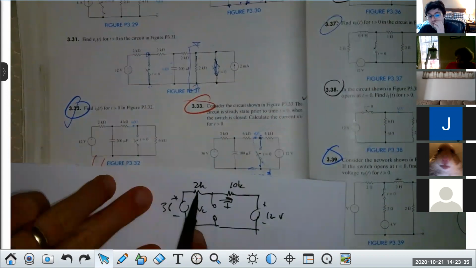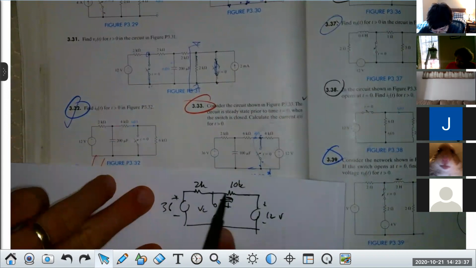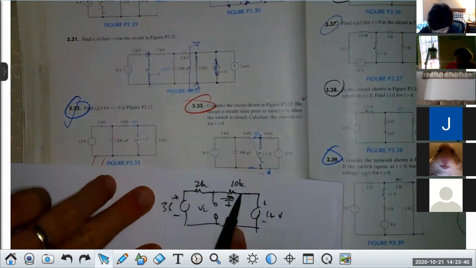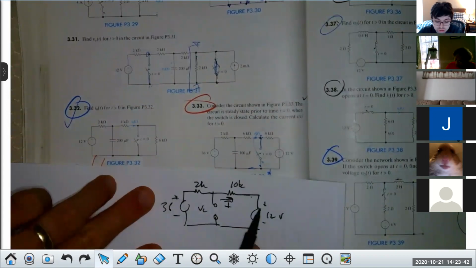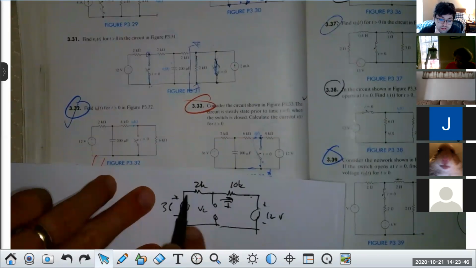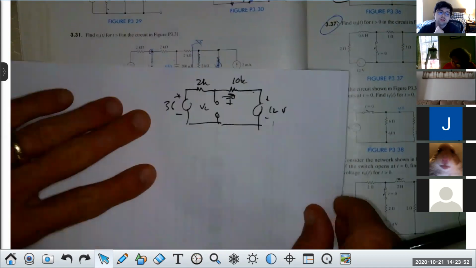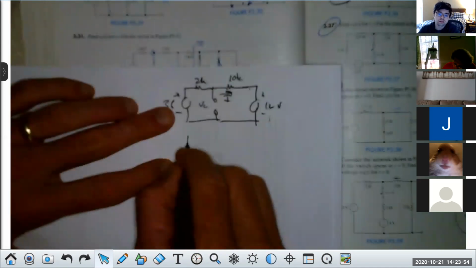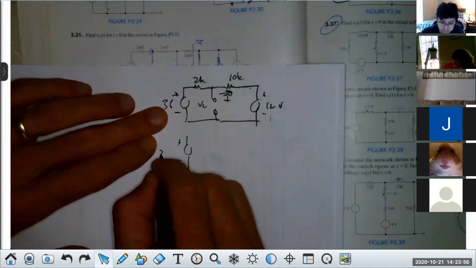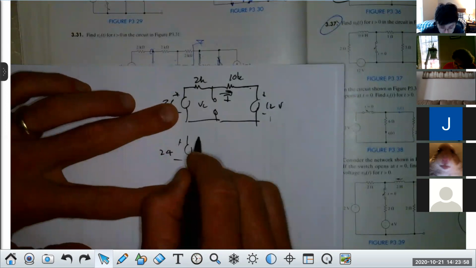How about if I add this and this together, which is 12K. That's the series resistance in the circuit. Then I look at these voltages. I got 36 volts trying to shove current clockwise, 12 volts to shove it counterclockwise. 36 minus 12 would be 24. So the equivalent to get this current would just be 24 volts, and then it would have simply 12K.